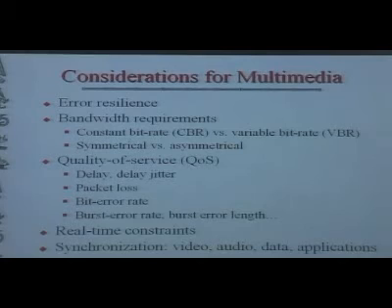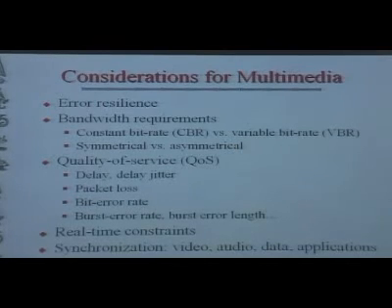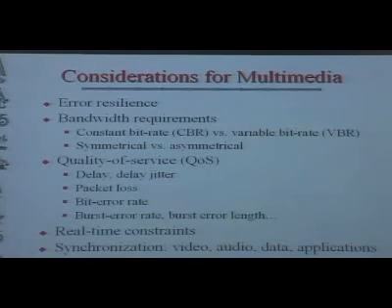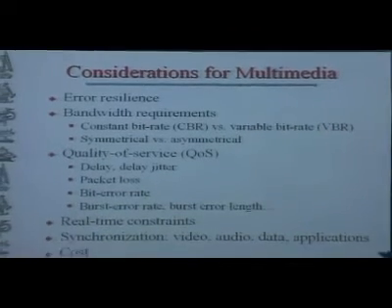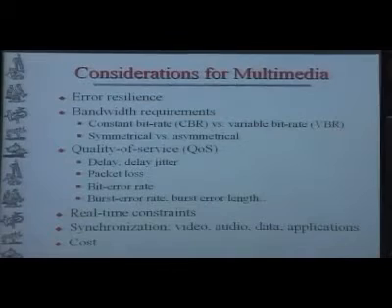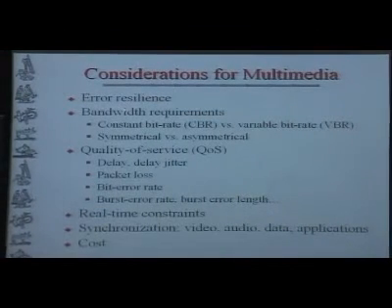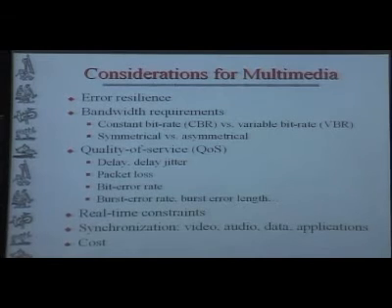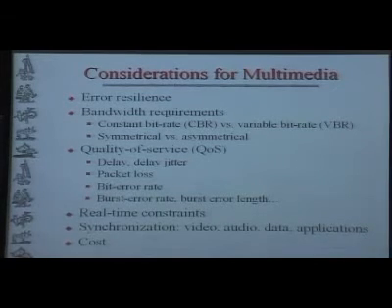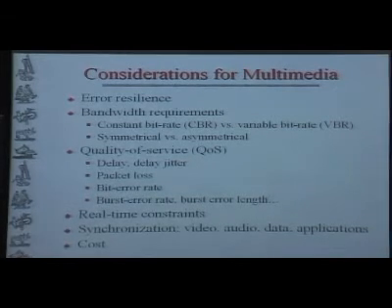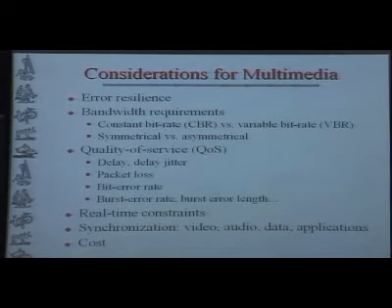Now, what are the considerations for multimedia? This is the difference between multimedia communications and email communications, or text and HTML communications. We need some degree of error resilience. We have a lot of redundancies in the images and videos, so hopefully we'll be able to take advantage of that.